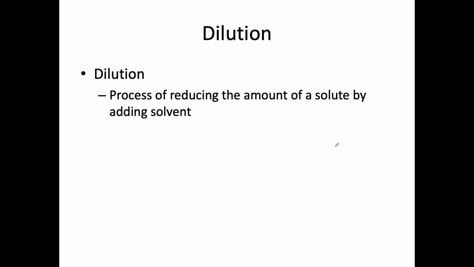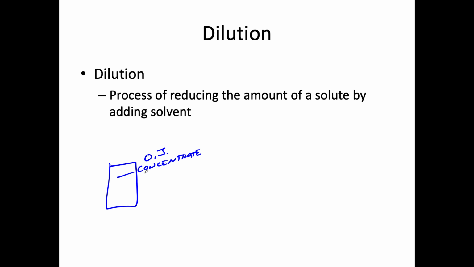All right, last thing we're going to talk about today is dilutions. It's basically a process of reducing the amount of solute by adding a solvent. And you guys have done this. Have you ever gotten a can of concentrated orange juice, frozen?